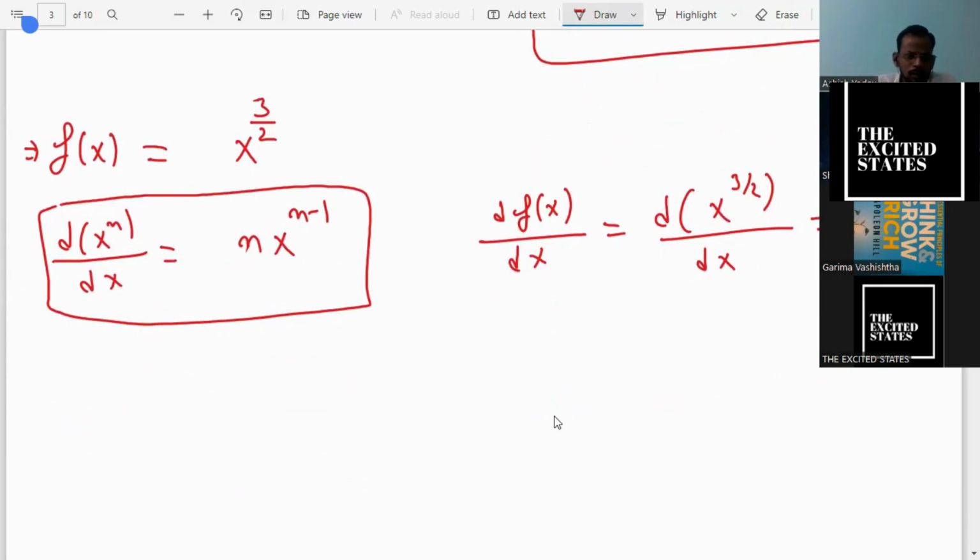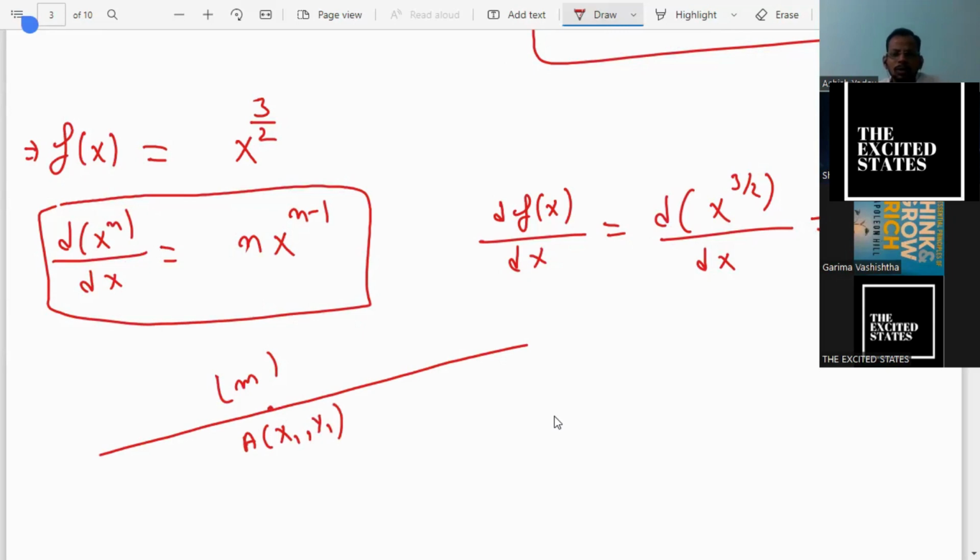Now, I will come back to this formula, but before that, let me tell you the equation of a line whose slope and a point are known. Let's suppose this is a line whose slope is m and it is passing through any point, let's suppose A, whose coordinate is x1 comma y1. Do you know the equation of this line?